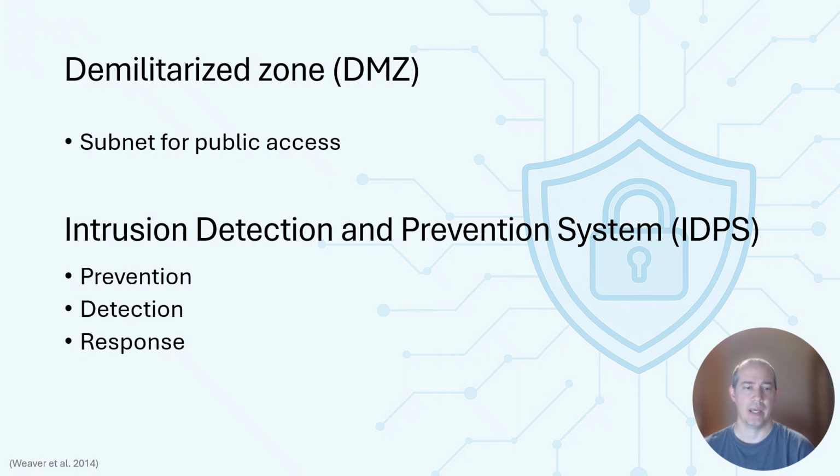We have the IDPS, intrusion detection and prevention, to prevent, detect, and respond. It includes the hardware and software that will assess the large volume of network traffic automatically for you.